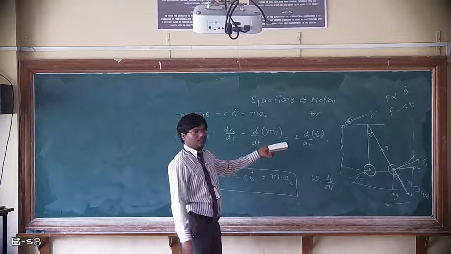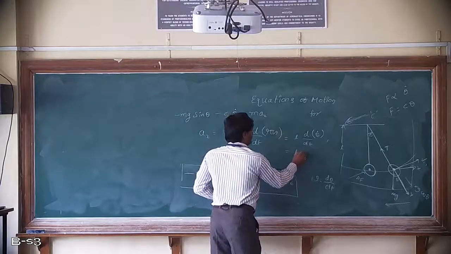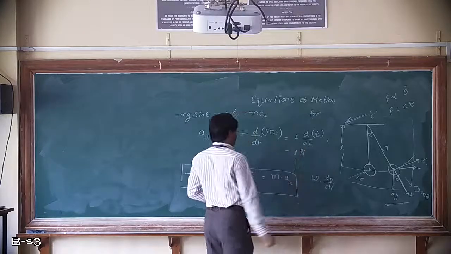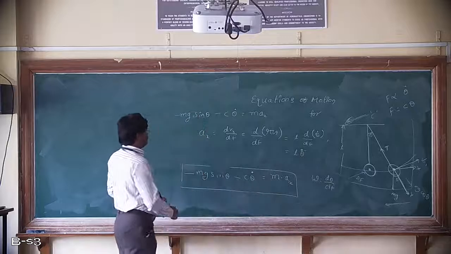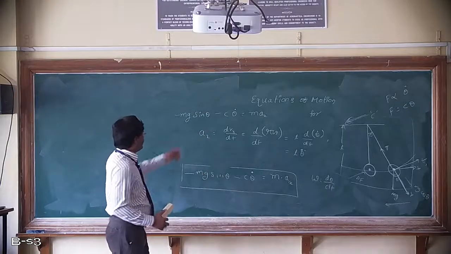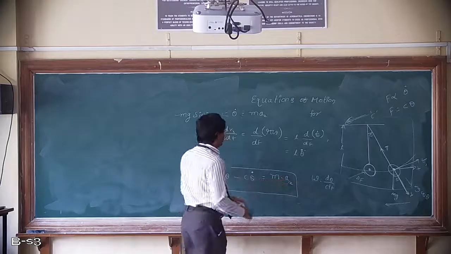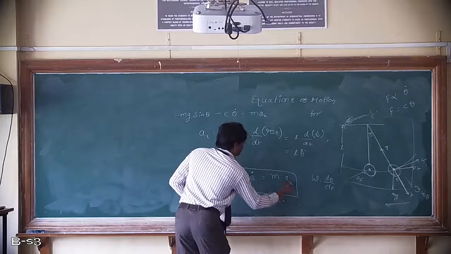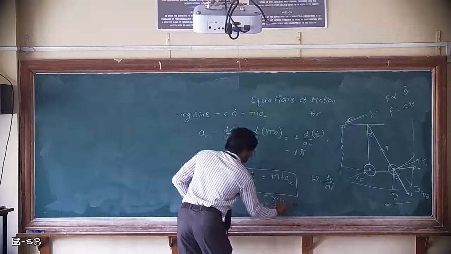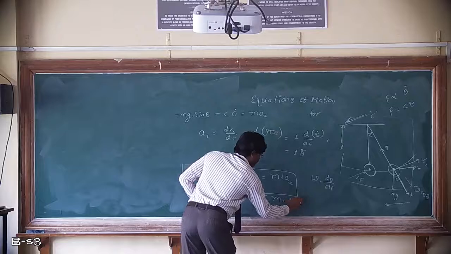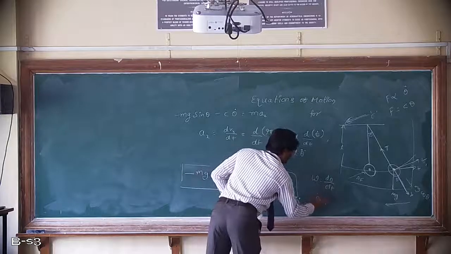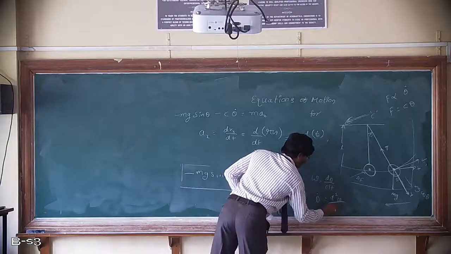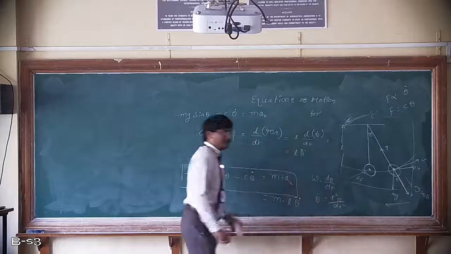So you can write L into theta double dot. Is it clear? So m into ax, ax is nothing but L into theta double dot. This double dot is nothing but d square theta by dt square, second order differentiation.